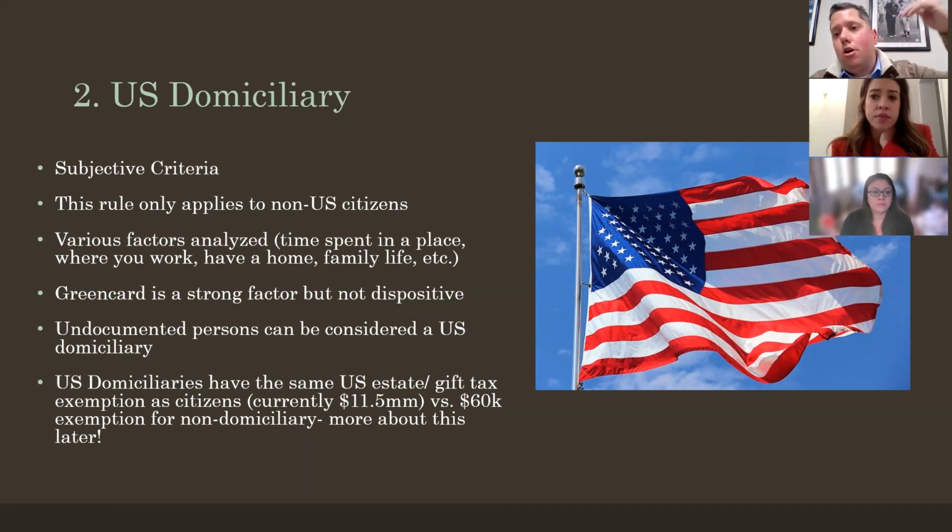If your estate is over $11.7 million, and God bless you if that's your case, that's a great problem to have. Most of us don't have that problem, but anything above $11.7 million is taxed at 40% of fair market value. That's going to be the U.S. estate tax. Same thing for gift tax during lifetime. Any transfers above $11.7 million are subject to that gift tax.